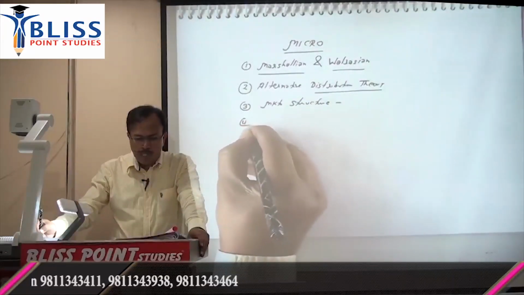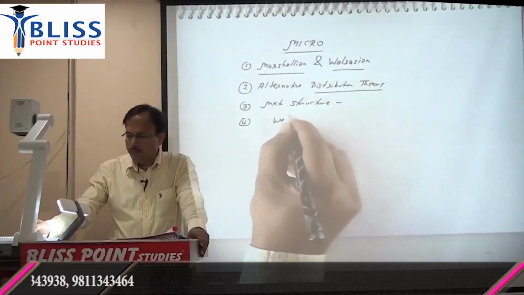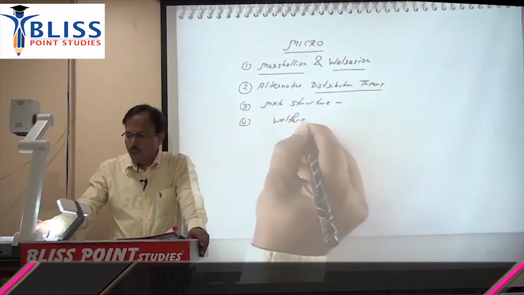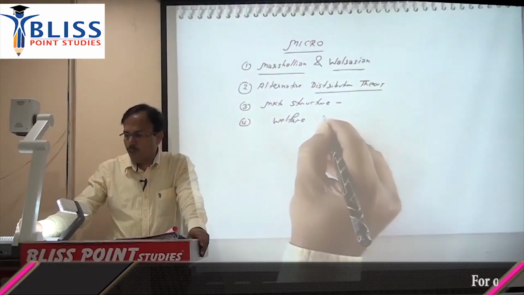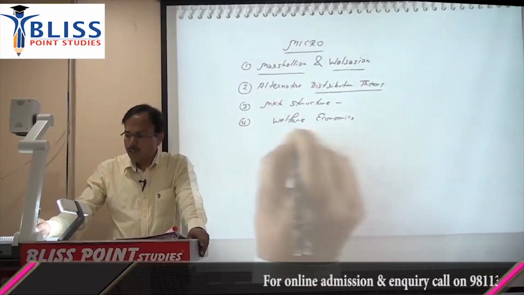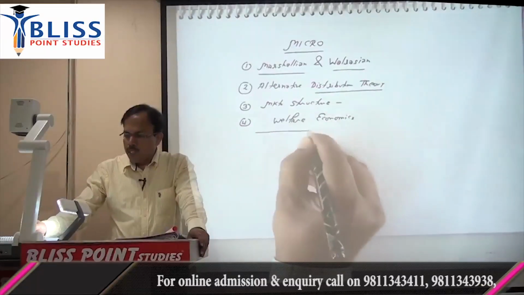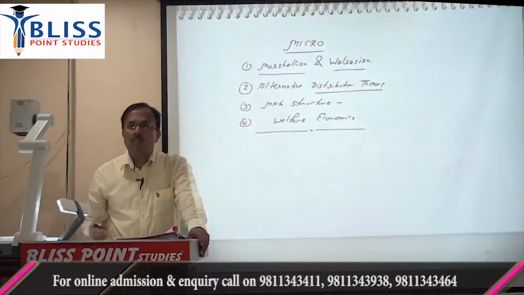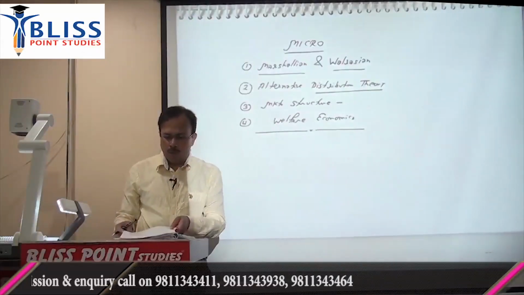And the fourth part which is mentioned is welfare. So fourth section will be welfare economics. तो सिलेबस के अंदर याद रखिएगा ये 4 points mentioned हैं within micro.